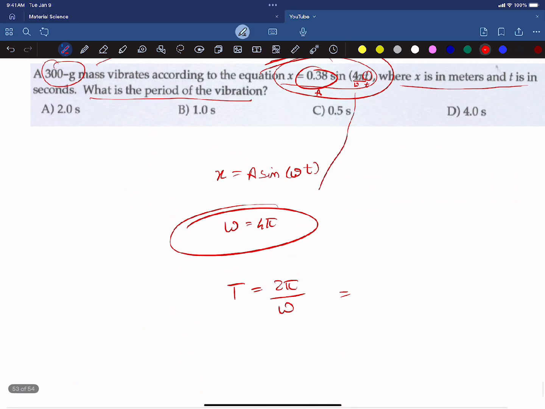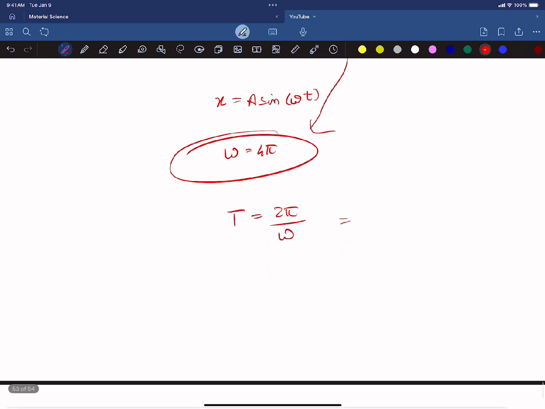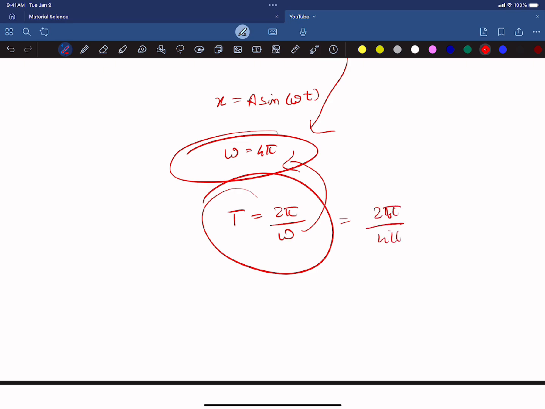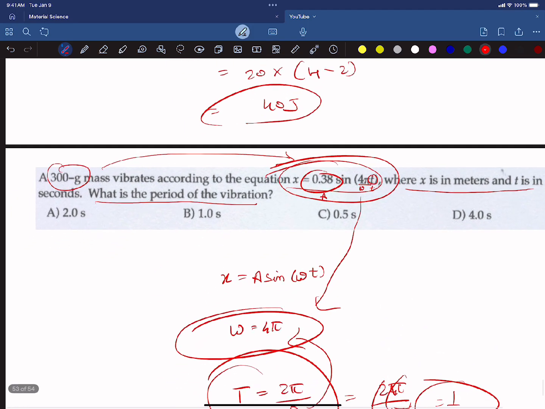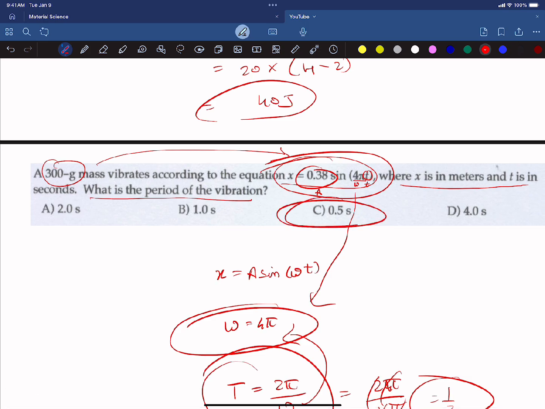So this is the general equation for the time period, 2 pi upon omega, and omega is equal to 4 pi. So 2 pi upon 4 pi. So the time period will be half, 0.5 seconds. C is the answer.